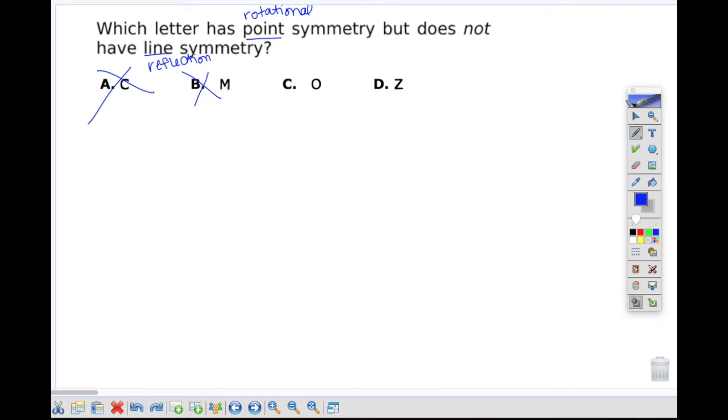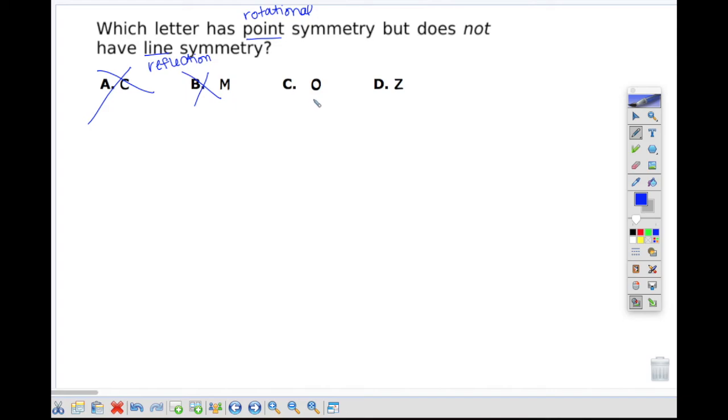Okay. What about O? Does O have rotational symmetry? Yes, it does. If we rotate it halfway around, it would be back on top of itself. So again, rotating it from the center, it would have rotational point symmetry.